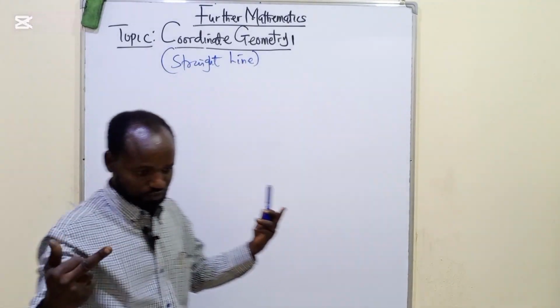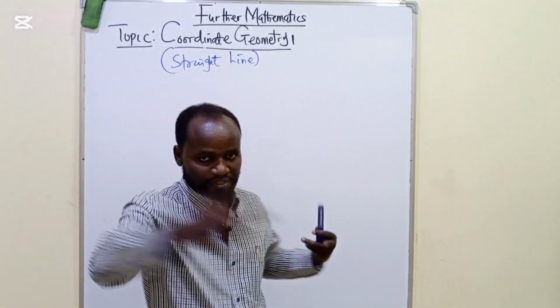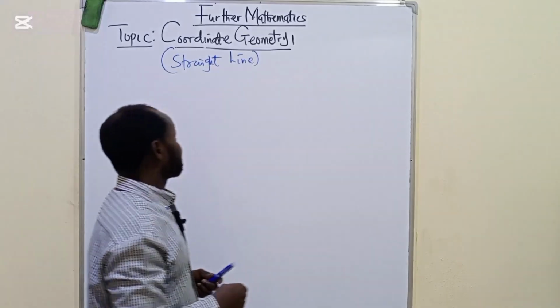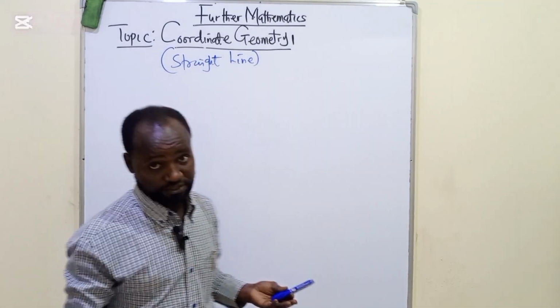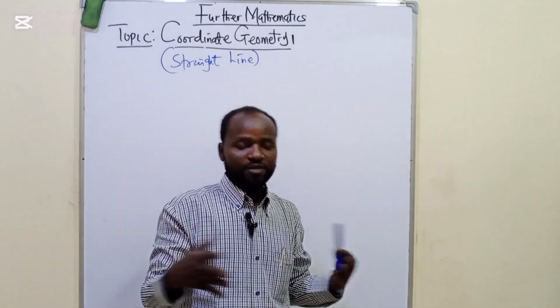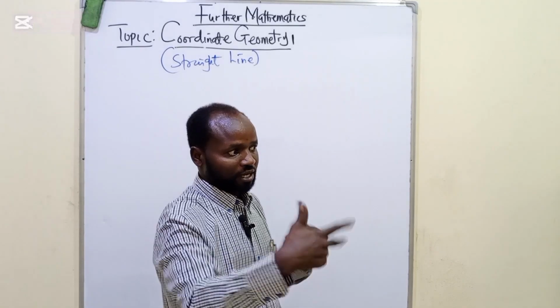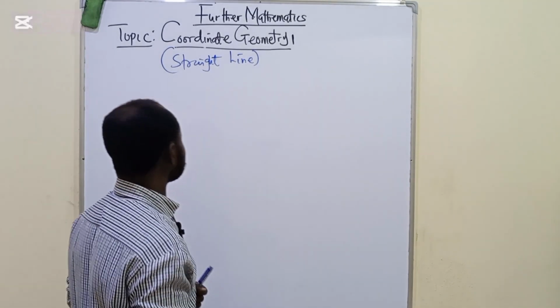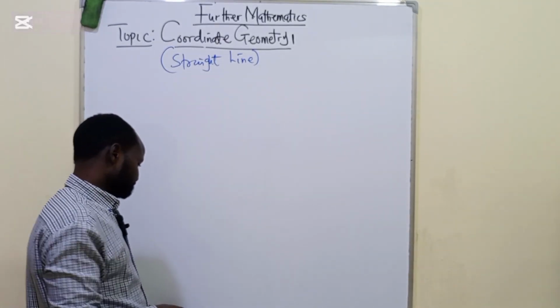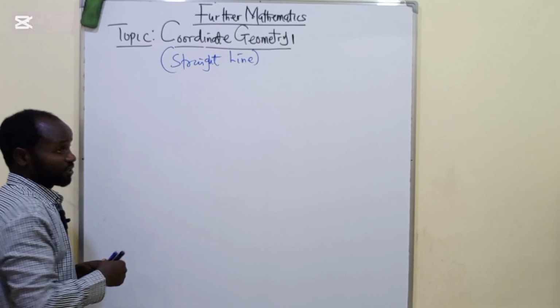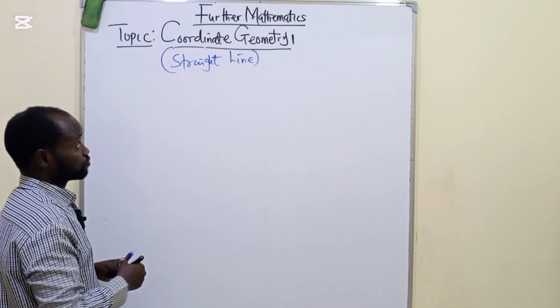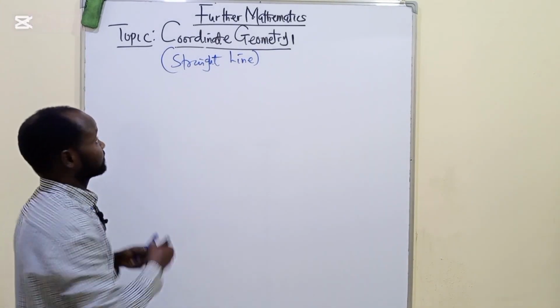That's the distance between two points on a line segment. Very important. Then we'll look at the midpoint, how we can find the midpoint of a straight line or line segment as the case may be. As I said, let's look at the distance between 2 points on the Cartesian plane.